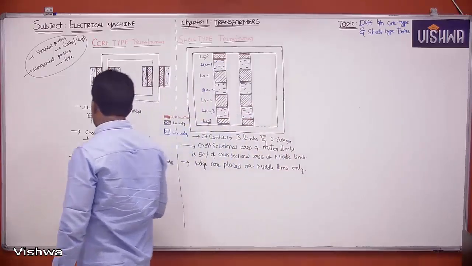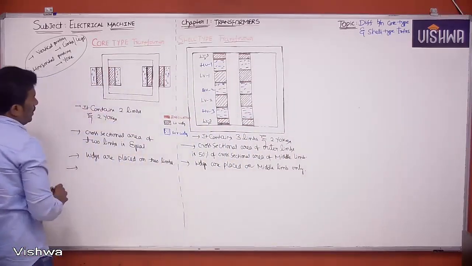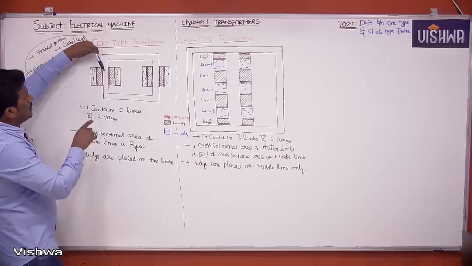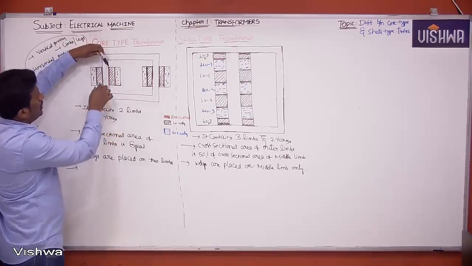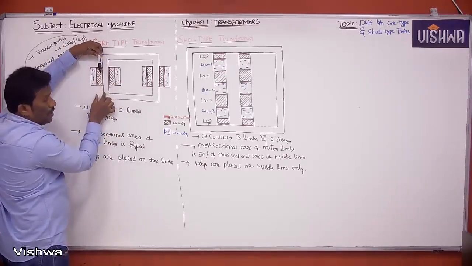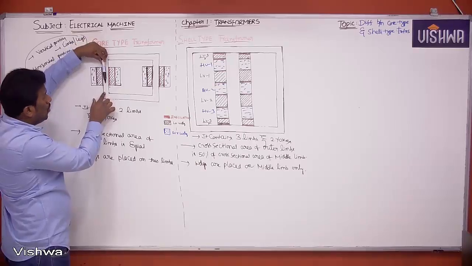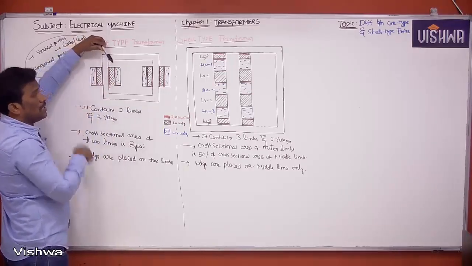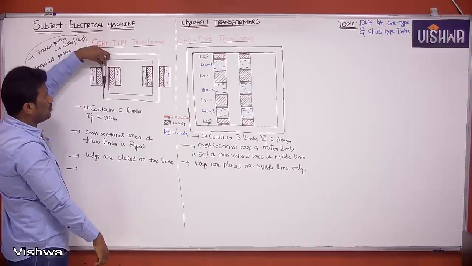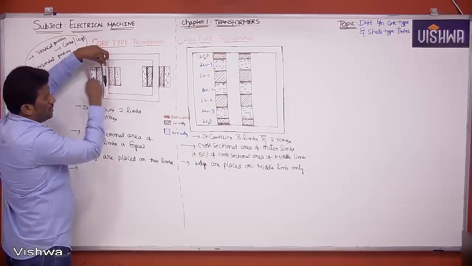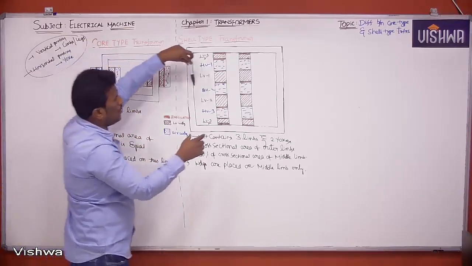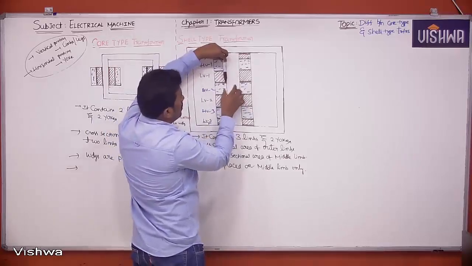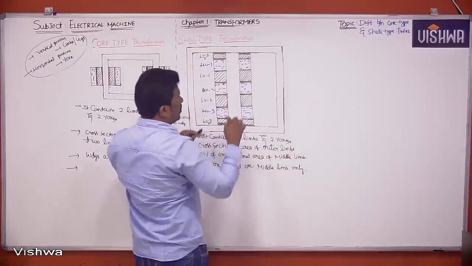Next, observe clearly. If you see this core-type transformer, this transformer core, if you take a limb, core is surrounded by windings, or windings are surrounded by core in this case. Obviously, transformer core is there, it is surrounded by windings. Whereas here, windings are placed on middle limb, so windings are surrounded by the transformer core.